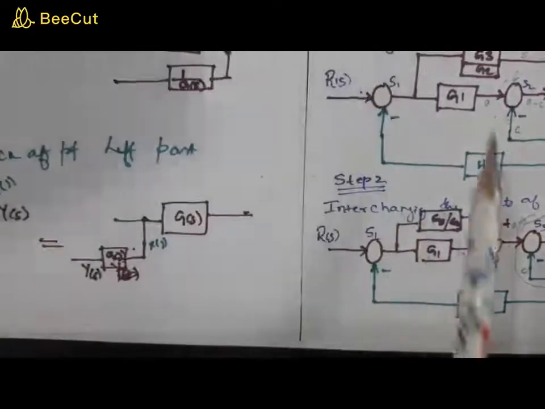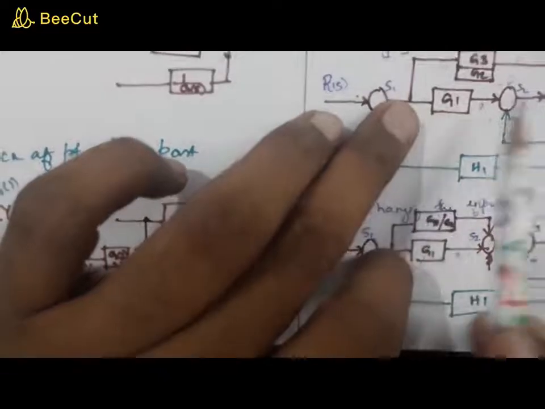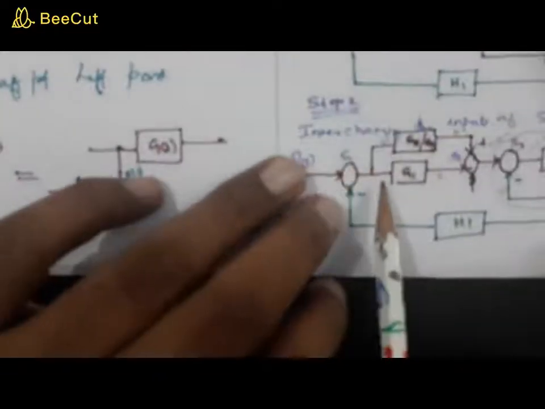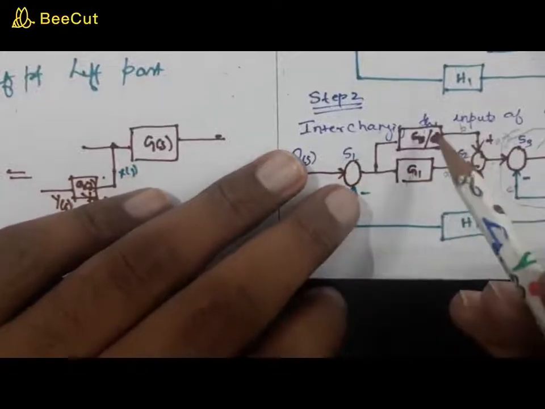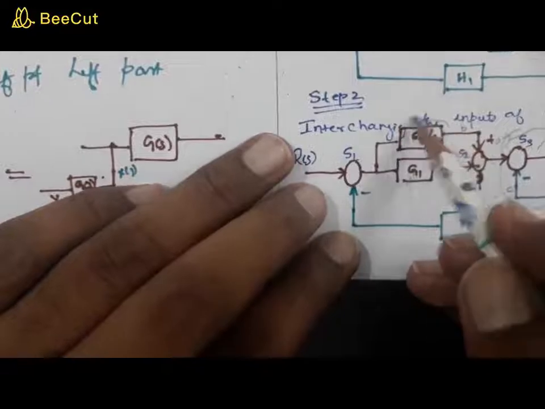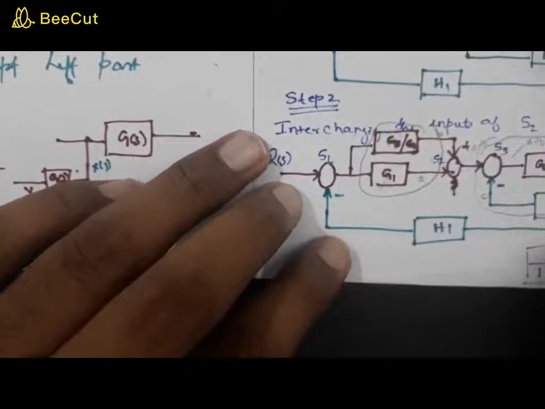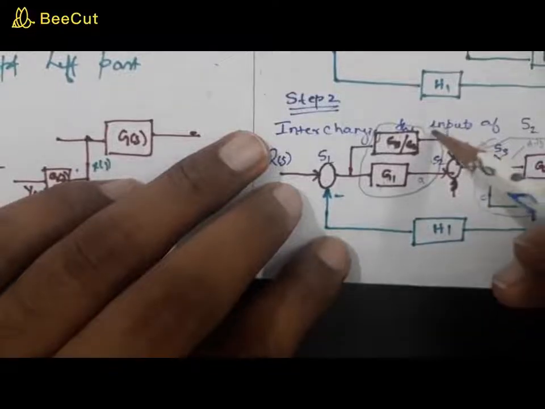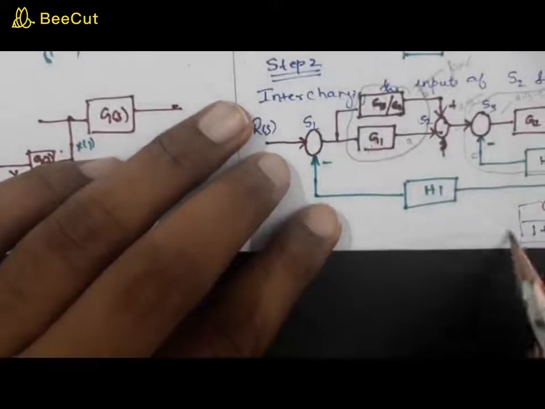These two blocks have the common point at both sides, so this can be considered a parallel block, while this is the canonical block. A canonical block can be converted into this.